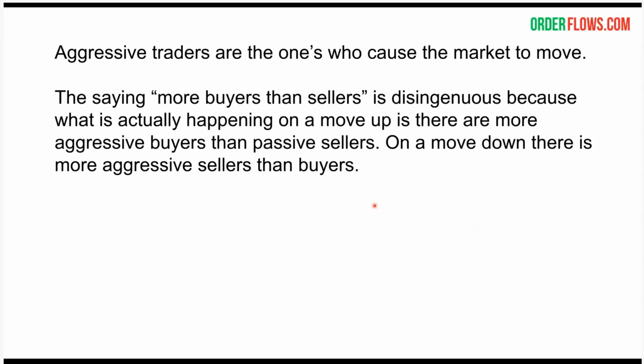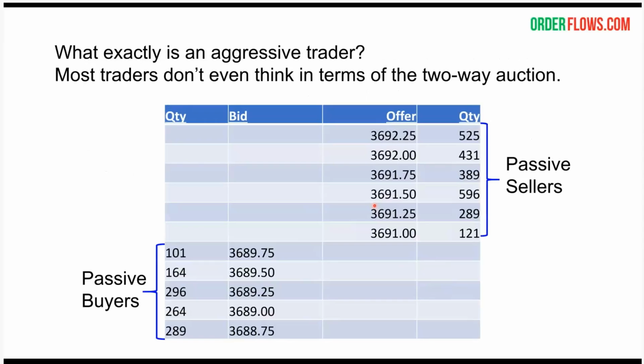There's a saying, in the old days, you used to have to call your broker, why did the market go up? And you say, well, there was more buyers than sellers. Well, that's really misinformation, disingenuous information, because what's actually happening on a move up is there are more aggressive buyers than aggressive sellers, right? You have passive buyers here, but there's more people buying the offer, buying everything out at this level, 36.91, clear it out.